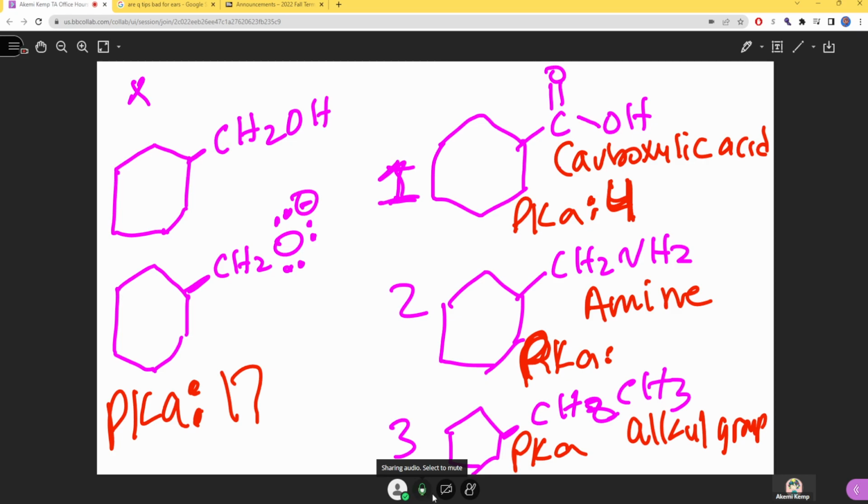So the pKa is 4. Now, for the amine, it's about 35. That little squiggle means about, not negative. Negative is a straight line. So about 35 for the amine. And then for the alkyl group, like an alkane, it says about 50.